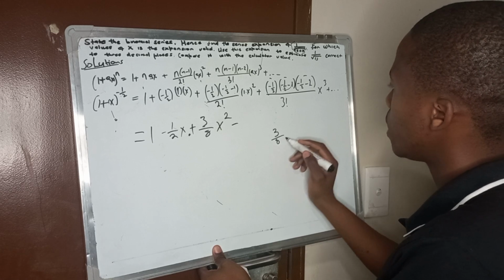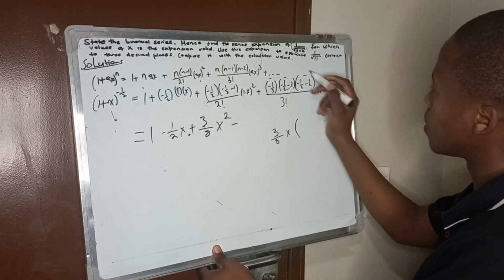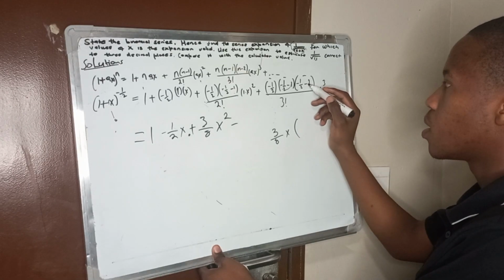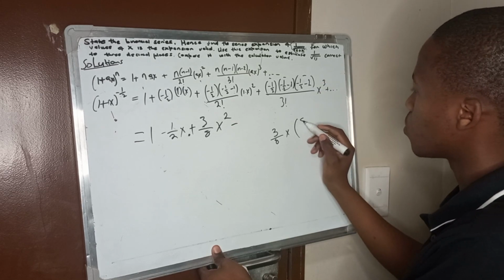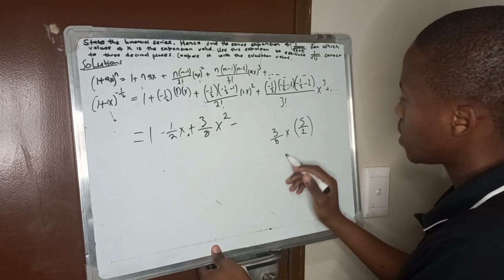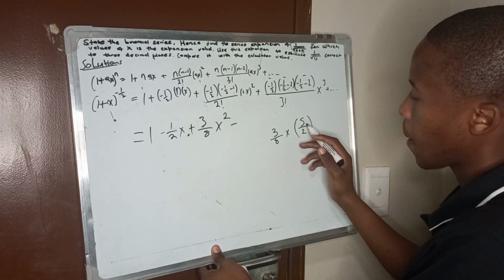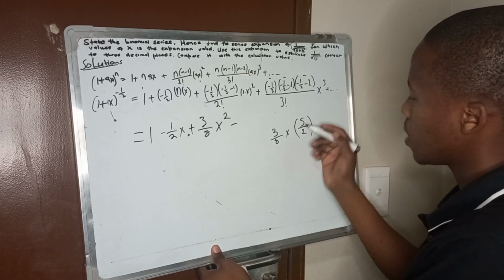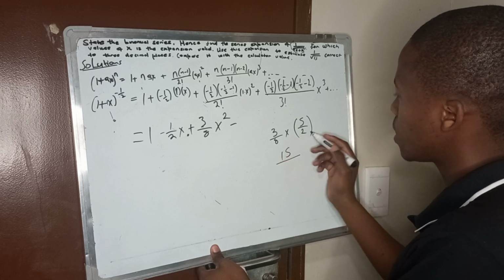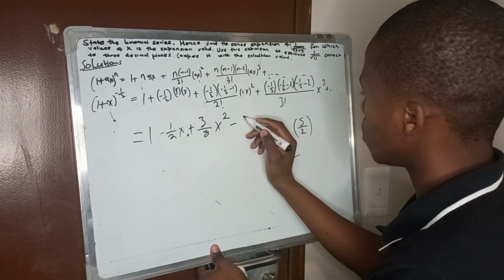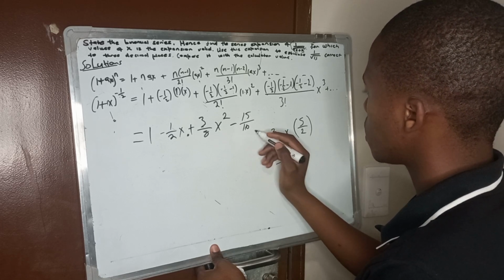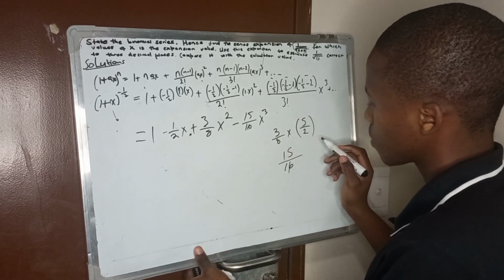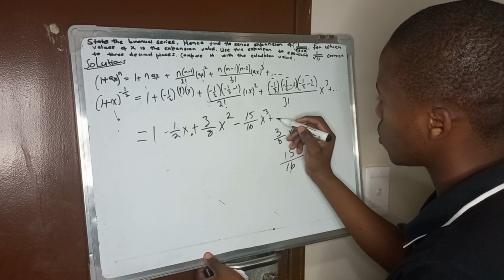So we have 3 over 8 times this guy, which is 1 over 2. 2 times 2, that's 4. Plus, it's going to be 5 over 2, which is the same as this times this. 3 times 5, that is the same as 15 over 8 times 2, that is the same as 16. So 15 over 16 x to the power 3. Then plus dot dot dot.